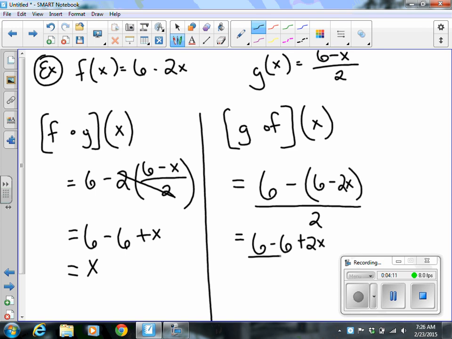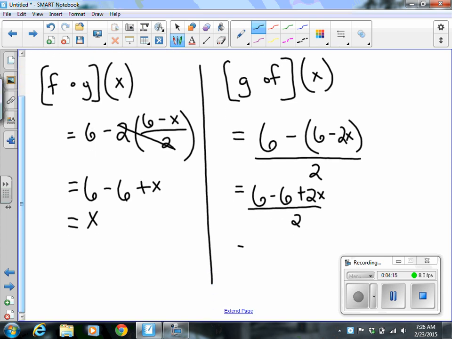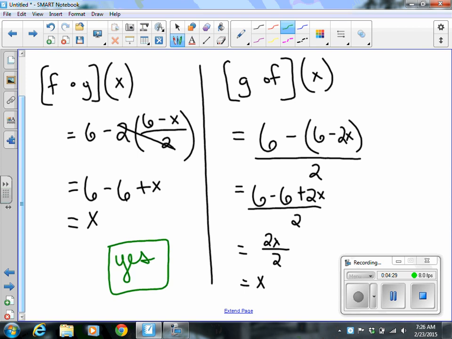Plus 2x over 2. Well, we get 2x over 2, which can reduce down to just x. So in this case, we get x equals x for both of them. So they are, in fact, inverses. Notice all we're doing is just plugging them in and simplifying.